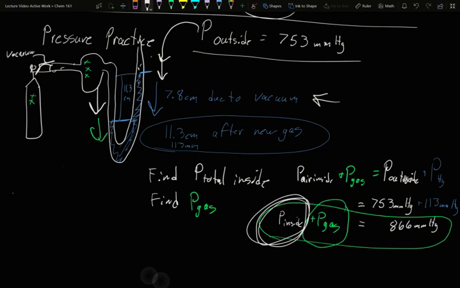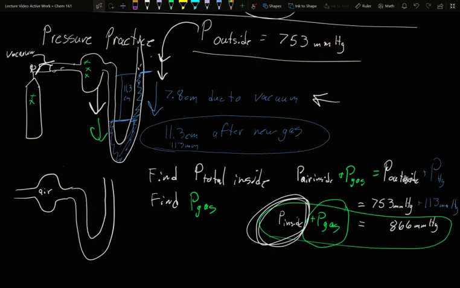And so if we think about that arrangement again, it had the container, it had some air, but a vacuum had been pulled. And so we had more liquid up on the inside than the outside. And that difference was 7.8 centimeters. Well, I know the outside pressure at this point.